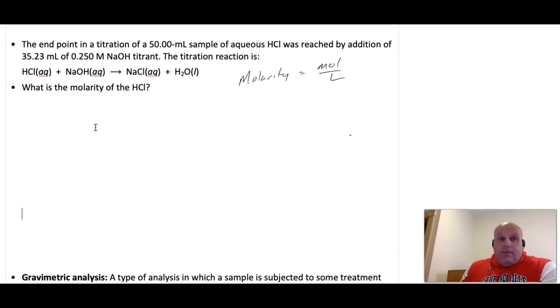Okay, so let's start with what we know here, and that is the information we know is the NaOH, the titrant. Okay, so because we have the volume and the molarity of that titrant, we can use those values to get to moles of HCl using the stoichiometry that we've been doing here. So let's start with the 35.23 milliliters.